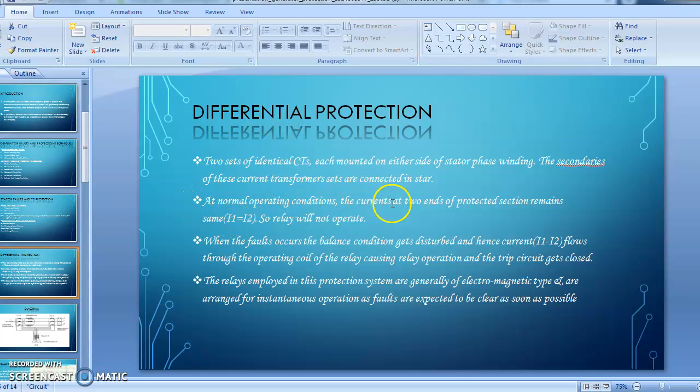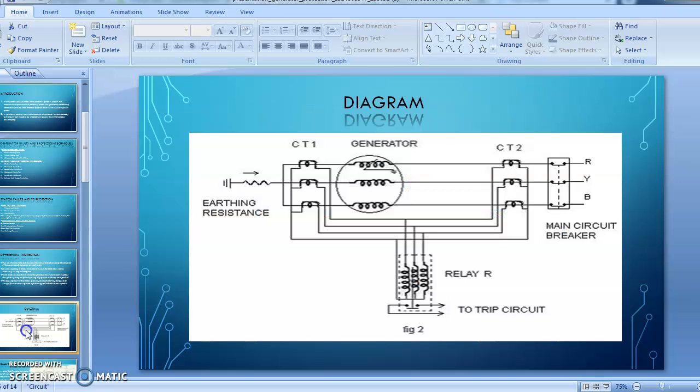Now at normal operating condition, the currents at the two ends remain the same. In normal operating condition, the restraining coil of the relay will be healthy, as I can show you in the next slide circuit. This is the generator which we want to protect, and these are CT1 and CT2, and in between we have connected the relay tripping coil.